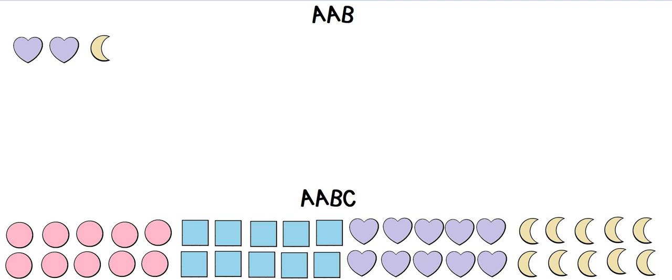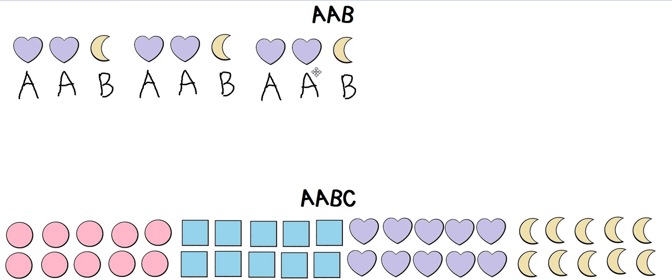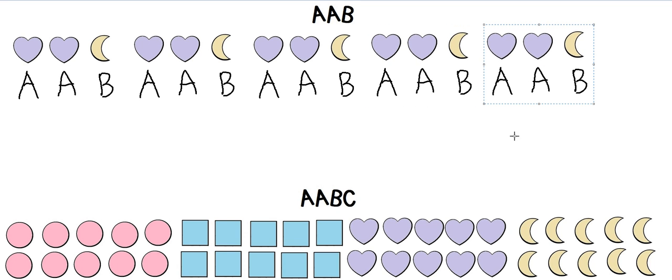And you know what I'm going to do this time? I'm going to label them A, A, B. And this time when I do my magic, I'm going to copy that with it. So here's my pattern being repeated. Whoa. All right, look at that. I'm going to keep it going. So do you see what I did?